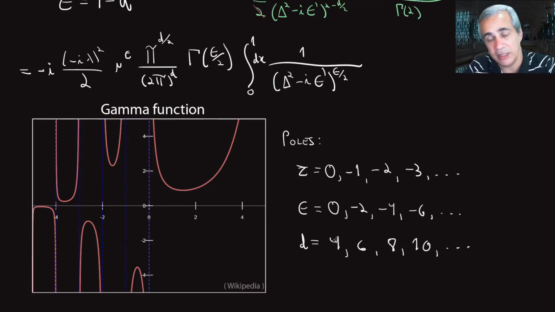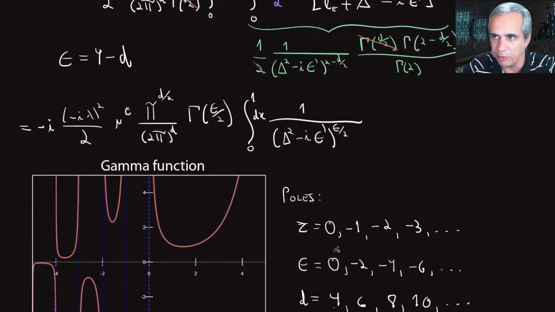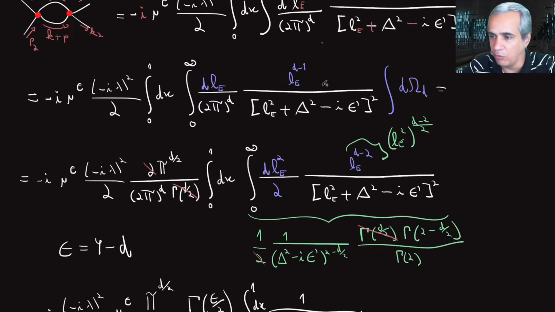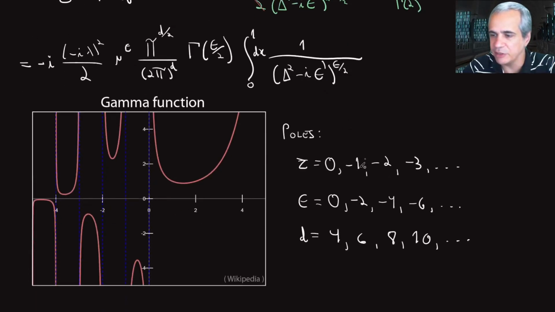We know that this integral, remember we're talking about the 4-point function for lambda phi 4, has a logarithmic divergence. So at 4 dimensions it has the least divergent divergence possible, which is the logarithm. That means that if you decrease the dimension a little bit, it becomes a finite integral. So there are no divergences for dimension lower than 4.